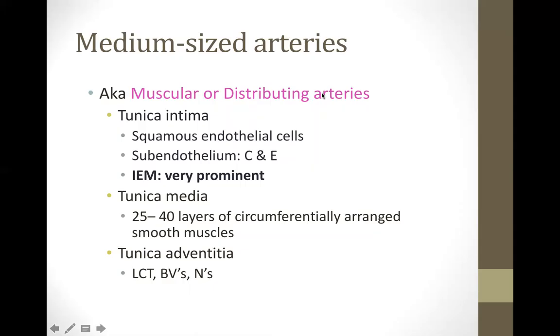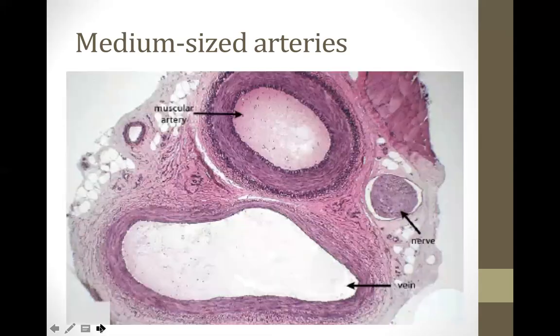Now, the tunica intima, just like in large arteries, is composed of squamous endothelial cells with collagen and elastic fibers and a very prominent internal elastic membrane. The tunica media is composed of 25 to 40 layers of circumferentially arranged smooth muscles. So, what does that look like?